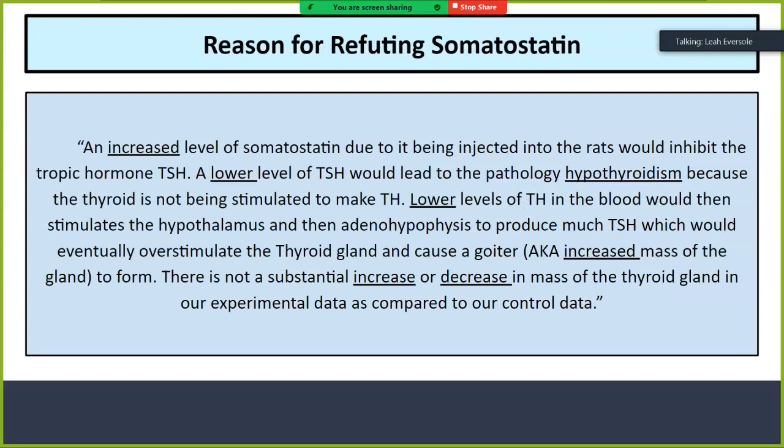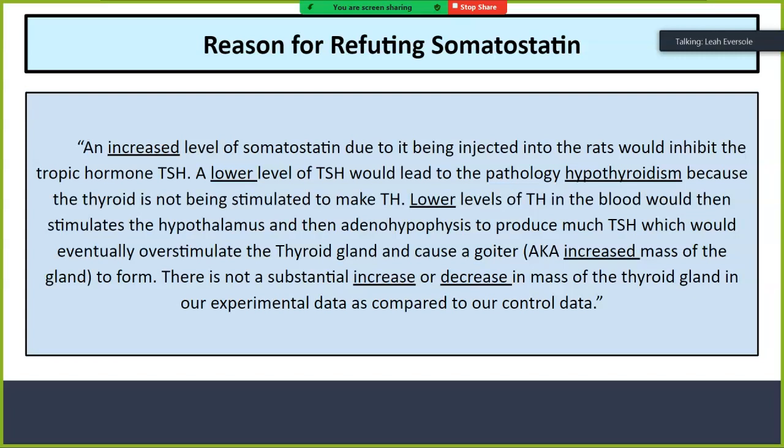So our reasoning is an increased level of somatostatin, due to it being injected into the rats, would inhibit the tropic hormone, thyroid stimulating hormone. A lower level of thyroid stimulating hormone would lead to the pathology hypothyroidism, and it all loops together.